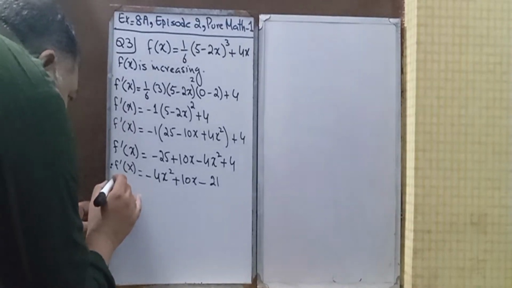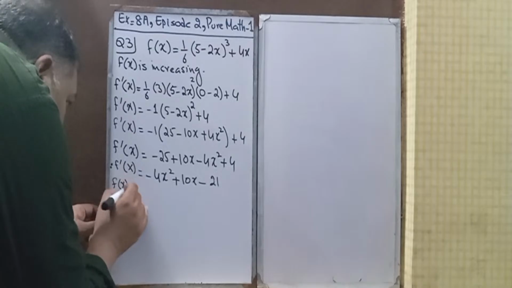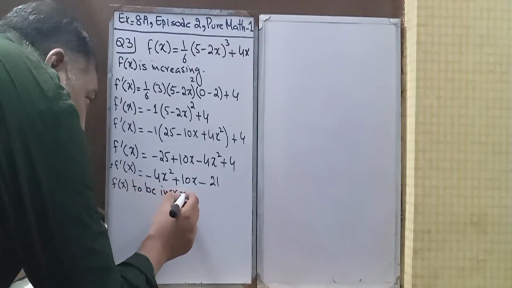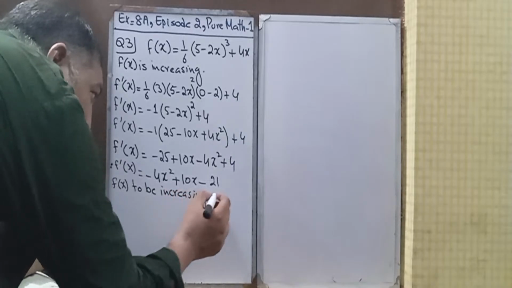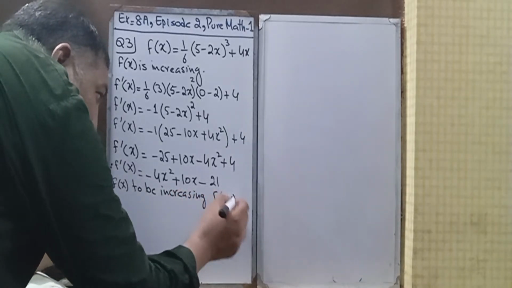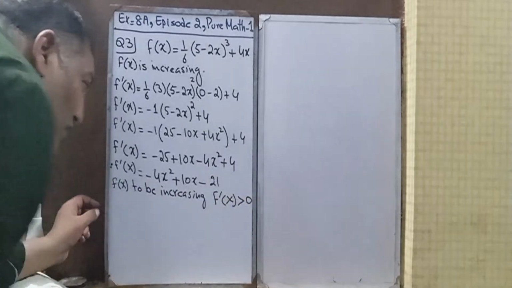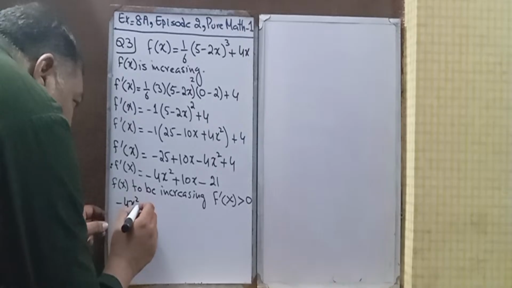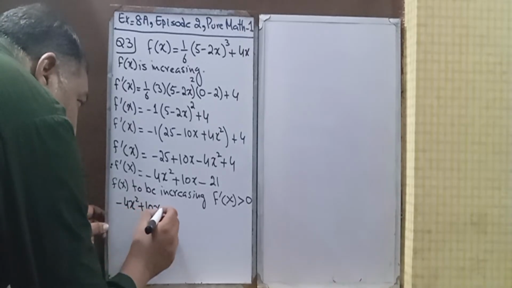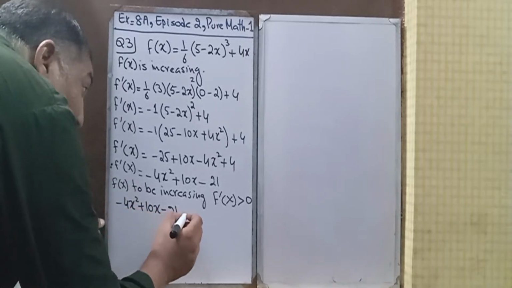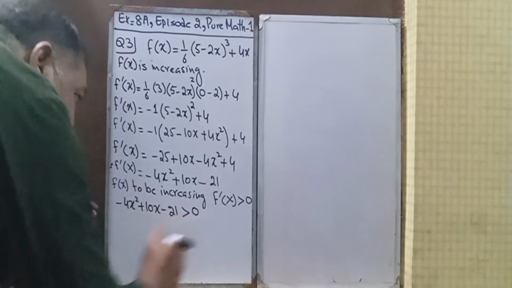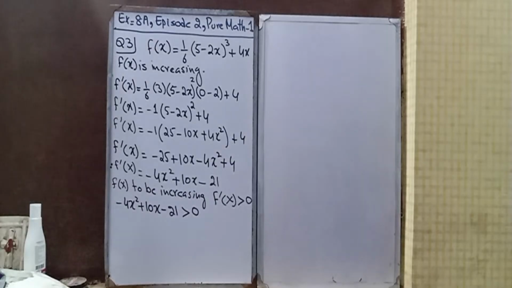So, for f of x to be increasing, the derivative must be greater than 0. That means that minus 4x square plus 10x minus 21 should be greater than 0. This expression is very important.